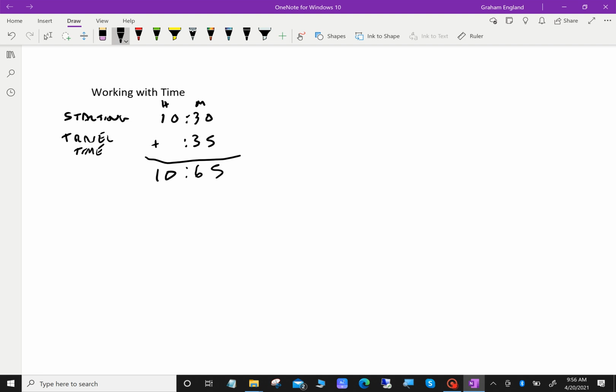Now we look at the 65 and we say, oh, let's subtract 60 from that side and add 60 to that side. Okay. So that'd be 11 hours and 5 minutes. That's the arrival time. So that's the ending time.